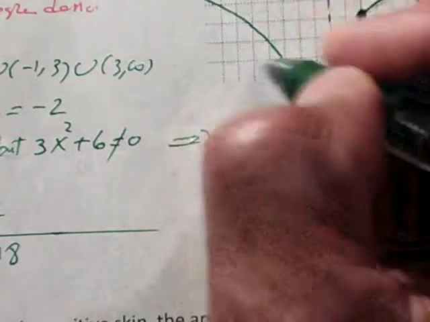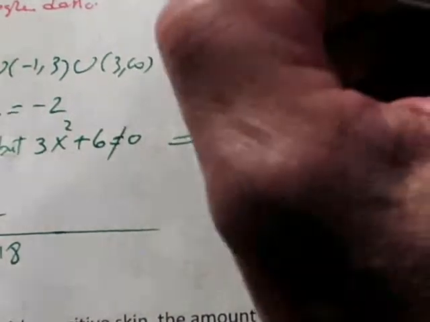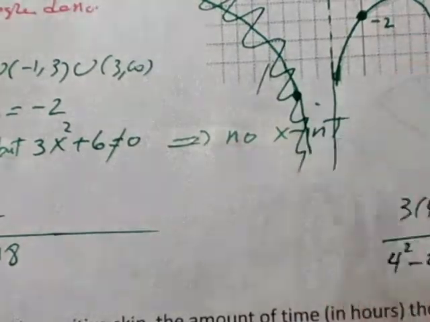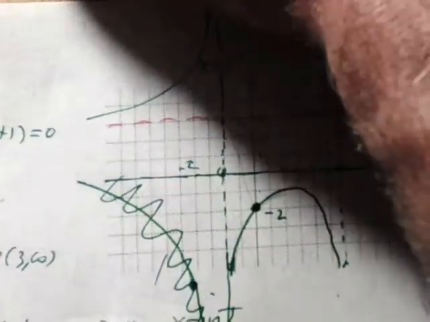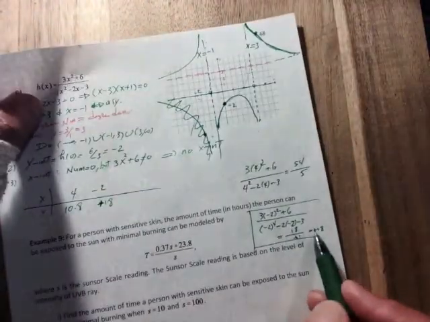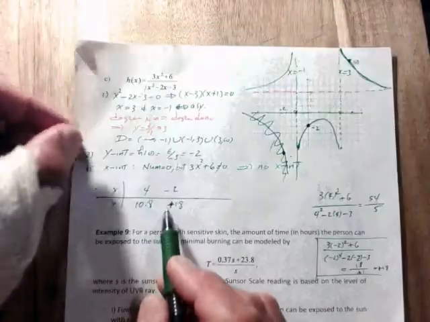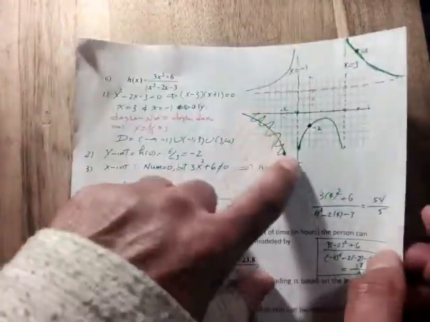So instead of being down there, it's going to be up here. When I put negative 2 here, I should get positive 18. I put negative 18 here. So I put this graph in the wrong place. It should be up there.